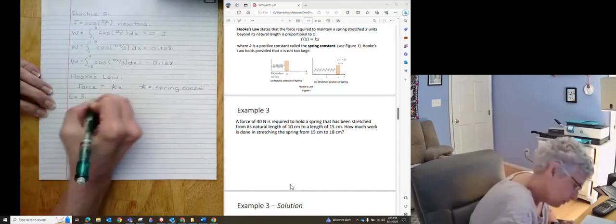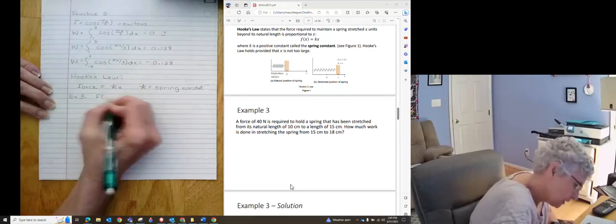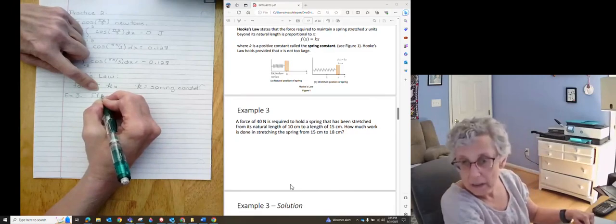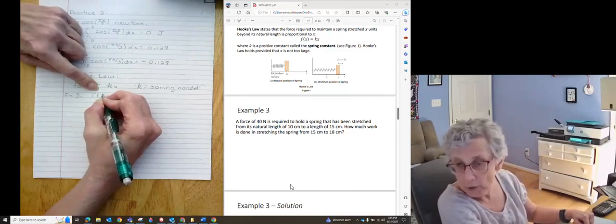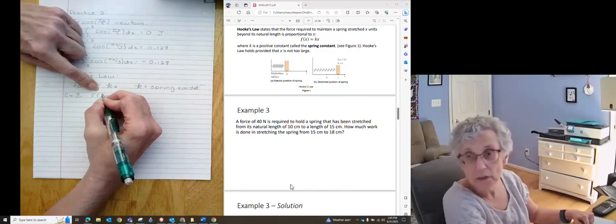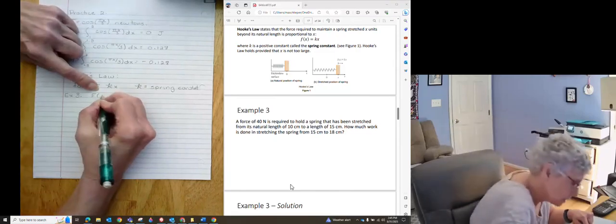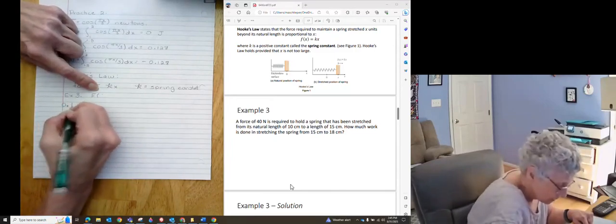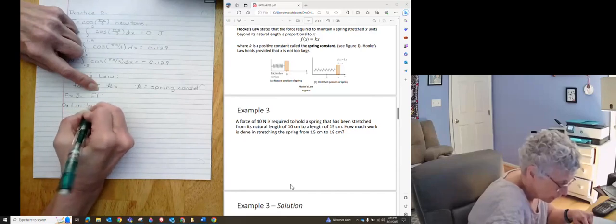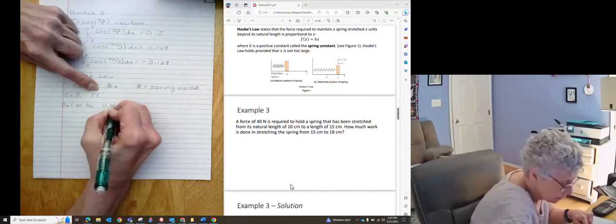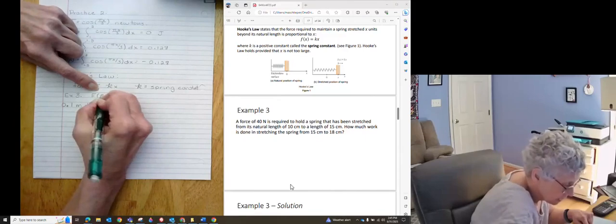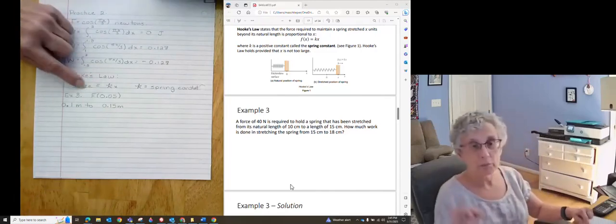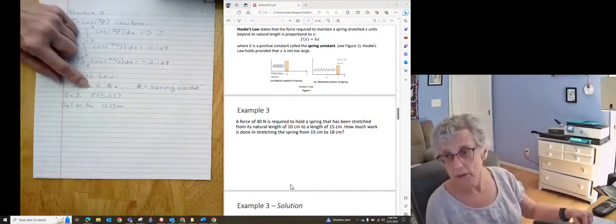So force, and we have a distance here. We go from our natural length of 10 centimeters to 15 centimeters. So that is 0.1 meter to 0.15 meters. So we've stretched it 0.05 meters.